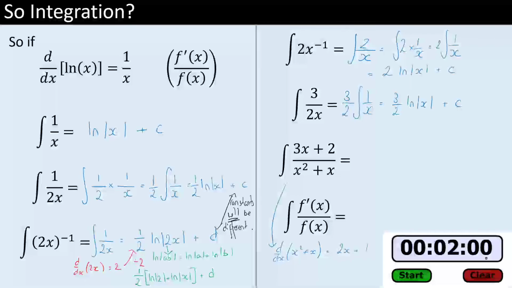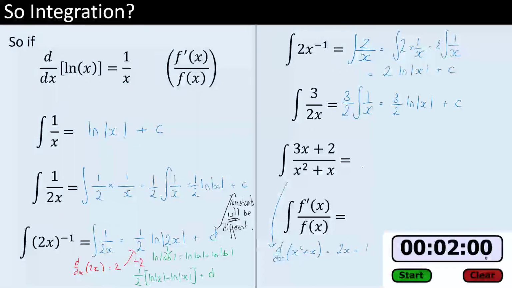So this integral does not become a logarithm, because there's no one single thing that we can times by to make the numerator the derivative of the denominator.